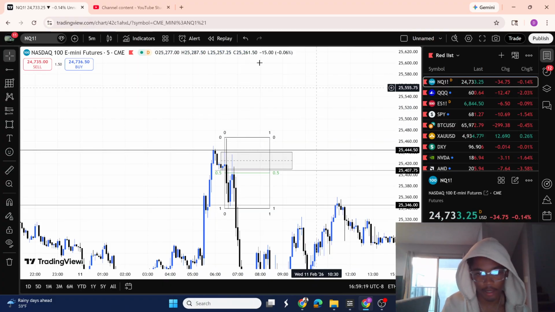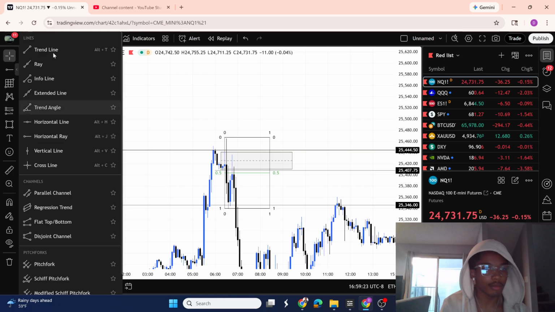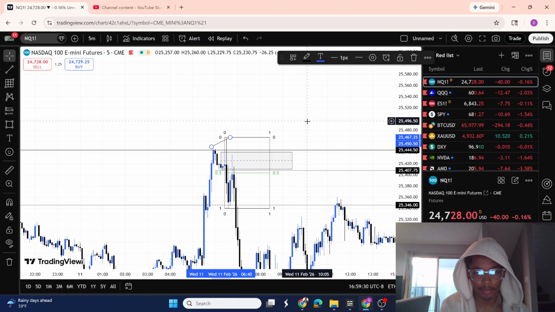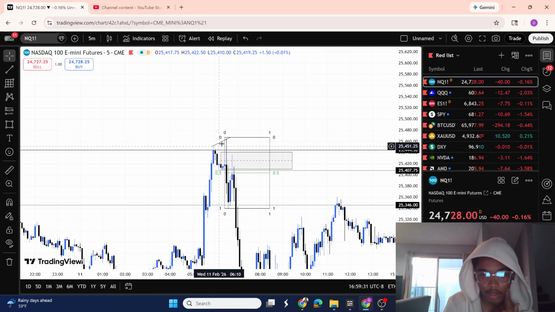Let's see. So we see these highs right here, and these highs right here. Now, ideally, I'd want to see ES up here and then NASDAQ down here. Or I want to see this right here and then ES a little bit higher.